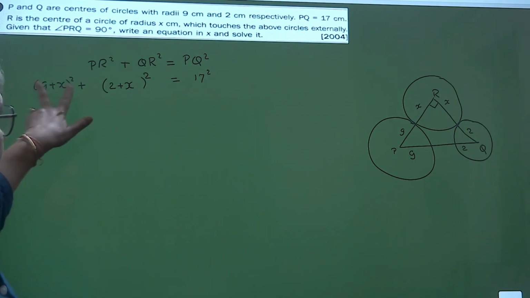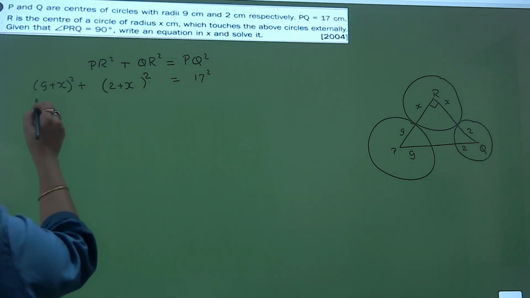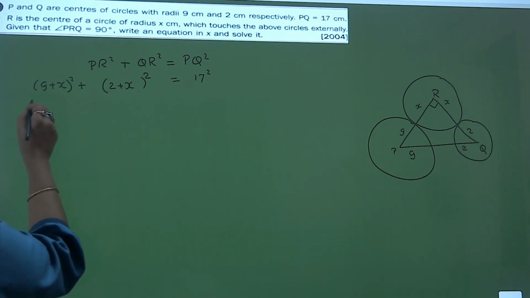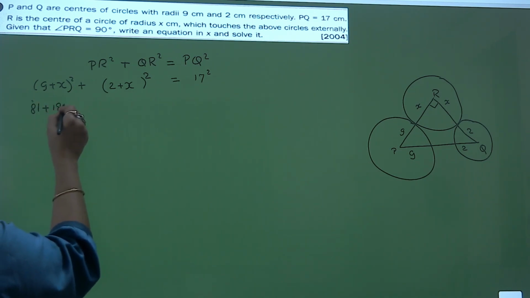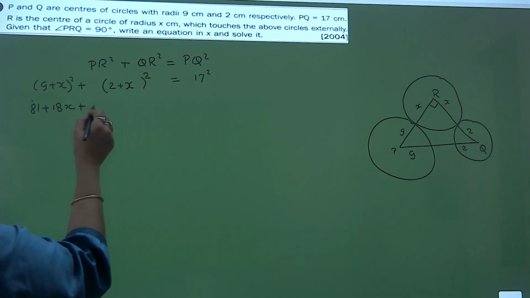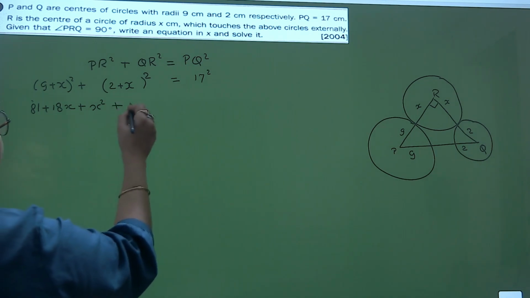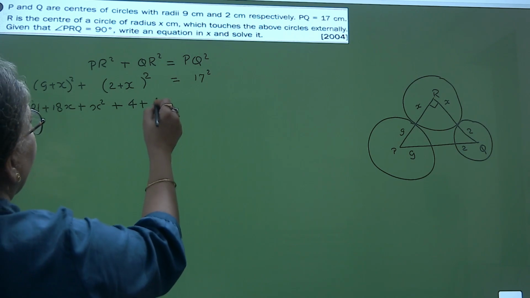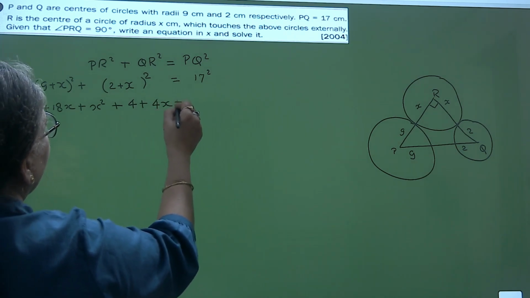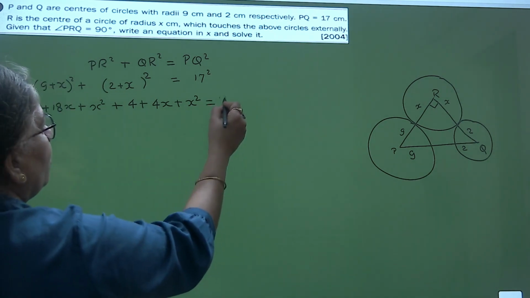Now we'll open these two brackets using the identity (a plus b) whole square. So using the identity we get 81 plus 18x plus x square. Again here we get 4 plus 4x plus x square, and 17 square is 289.